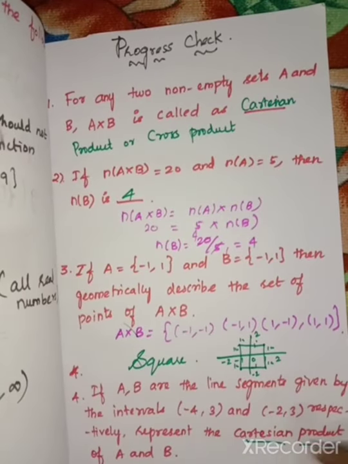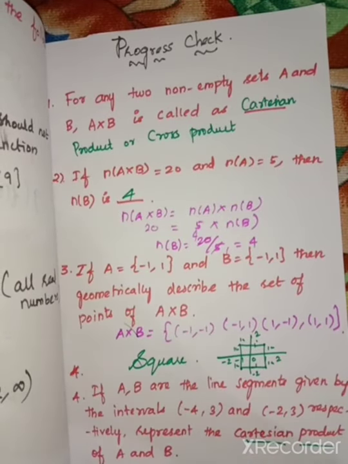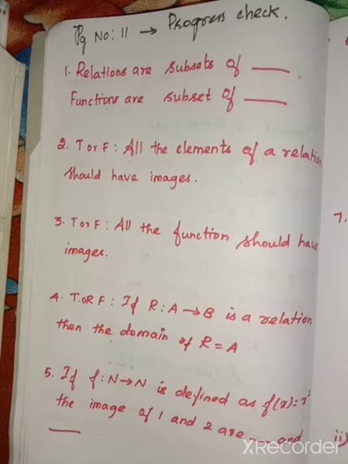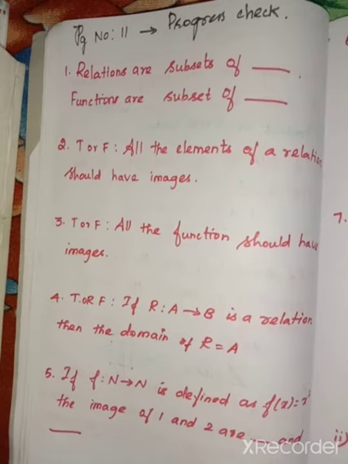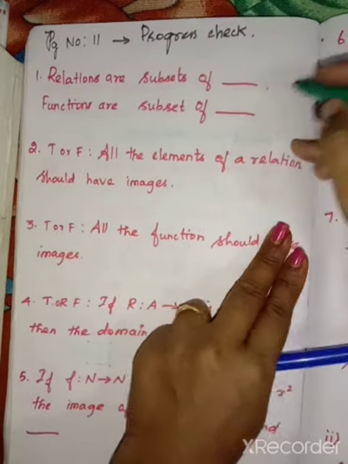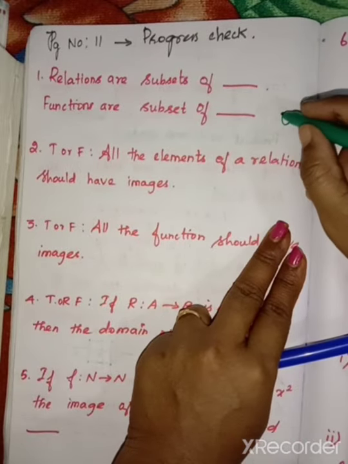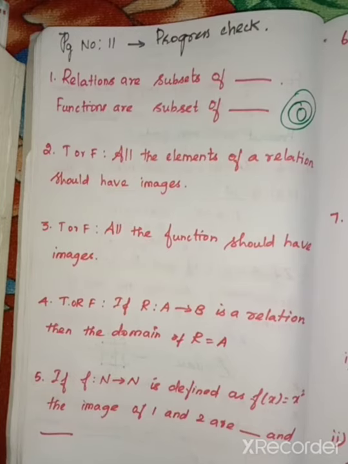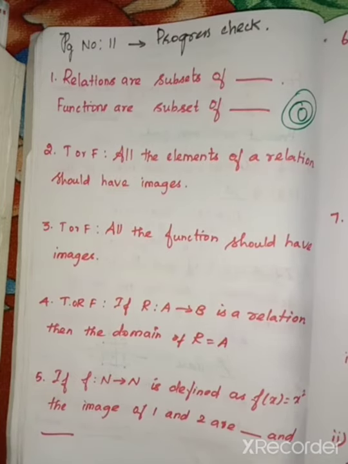This is the progress check on page number 11. First one: relations are subset of dash and functions are subset of dash. We have already seen this in the definition itself. Near the definition we have a diagram of function, relation and Cartesian product. Below the definition box there is a note, which I have already marked.